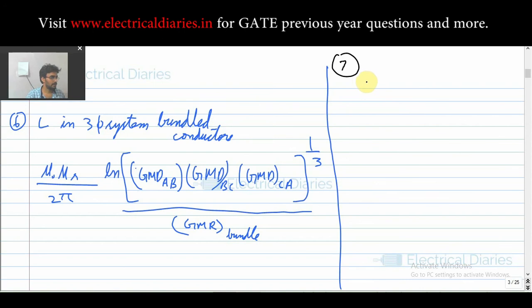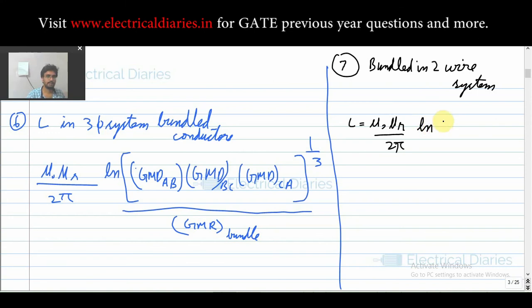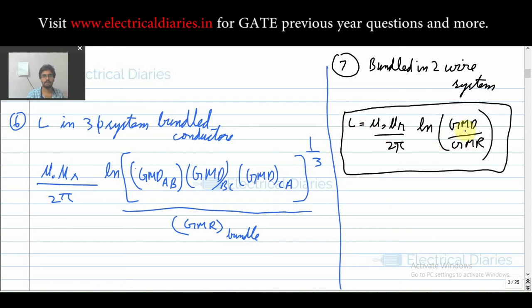Seventh is bundle in two-wire system. If there is a two-wire system and only the conductors are bundled, the formula is L equal to mu naught mu r by 2 pi ln GMD by GMR. This is your inductance formula, and GMD I hope you could calculate.